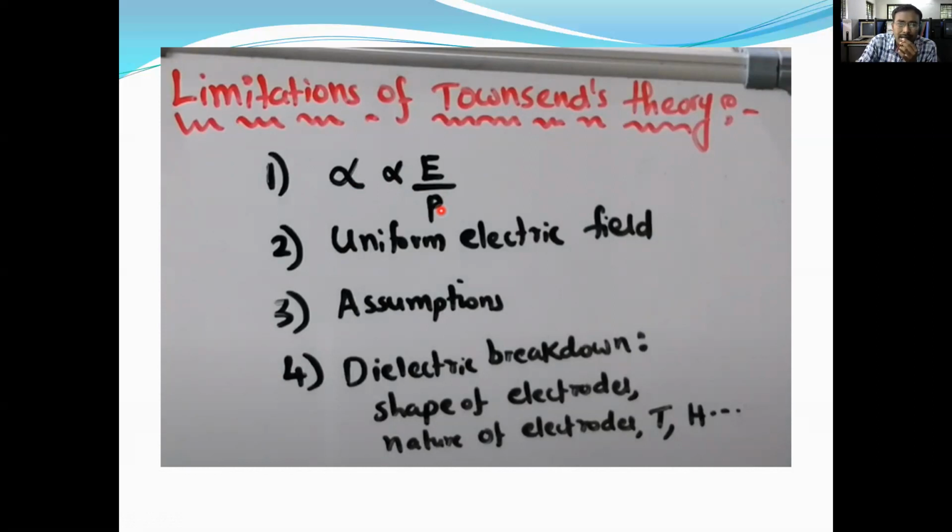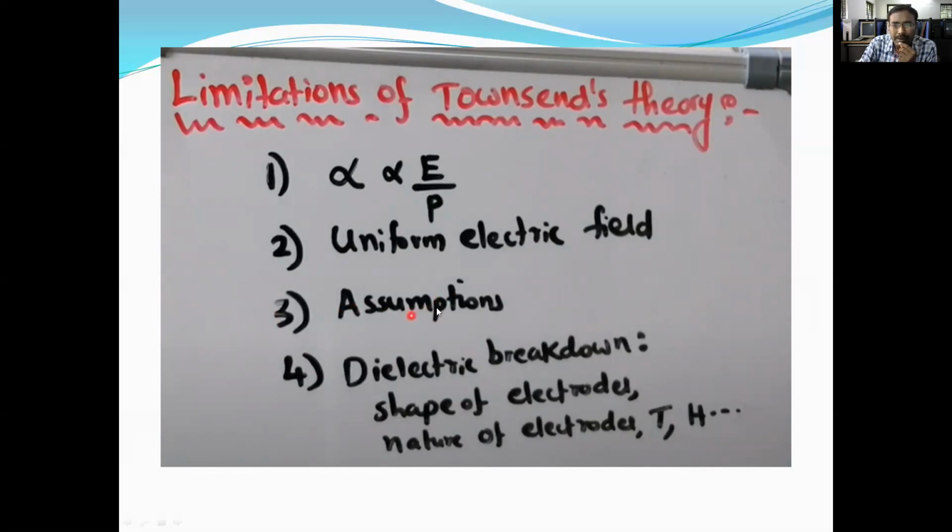This Townsend's theory is applicable only for uniform electric fields. It is not valid for non-uniform electric fields. And it takes a lot of assumptions in deriving the equations and explaining concepts, and for these assumptions there is no proper proof.